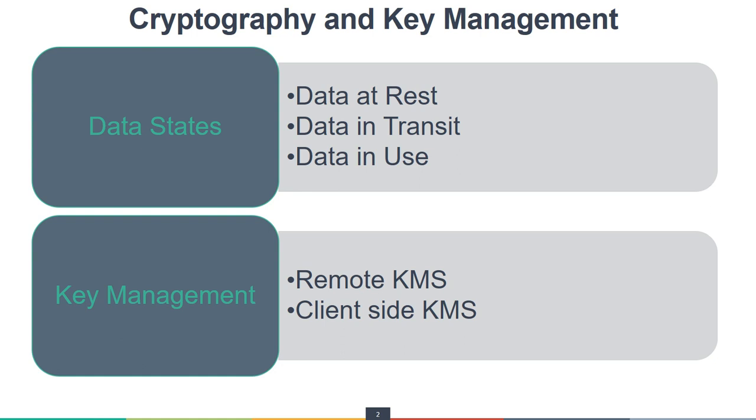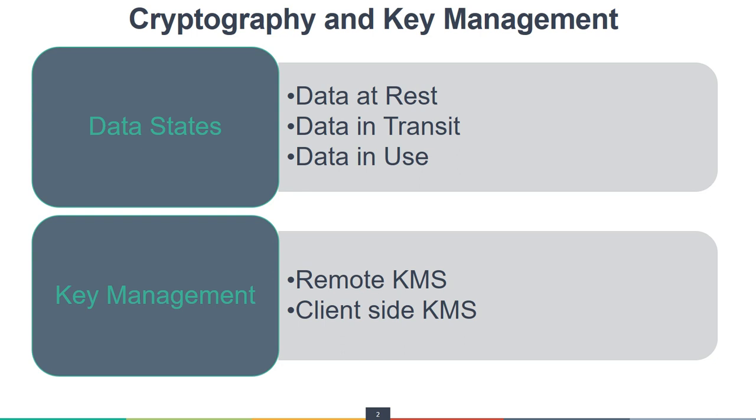For example, if you are accessing the web or using REST APIs, then of course it is the HTTPS protocol, and of course a VPN is another control to protect the data while it is in transit.